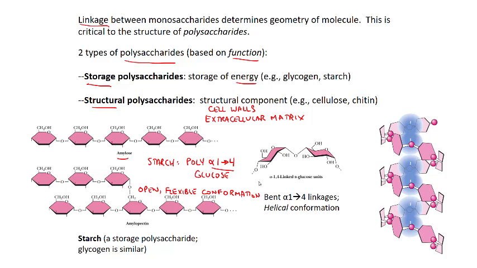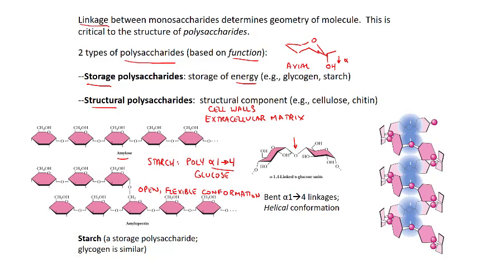Well, remember what we said in video 1 is that your rings are not flat rings, they're actually chairs. And we've got axial and equatorial groups. And in glucose, if you have the alpha anomer, the OH on the anomeric carbon points down, so it's axial. And so that means that each glycosidic linkage causes a bend in the chain, right?